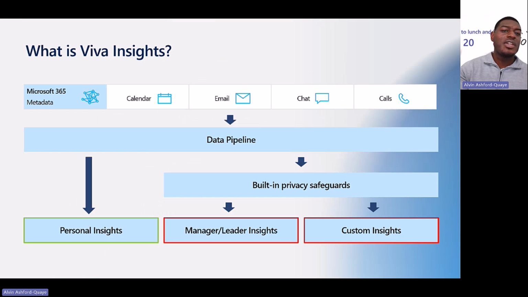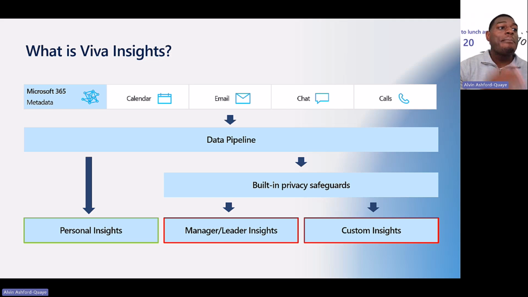So what is Viva Insights doing? It's effectively looking at the calendars, the emails, the chats and calls. We call that as a bundle the collaboration data from employees across your organization. Now, the interesting piece is, from a personal insights perspective, you're able to get a view on all of that collaboration data for you as an individual, and it's only you that can see that data.